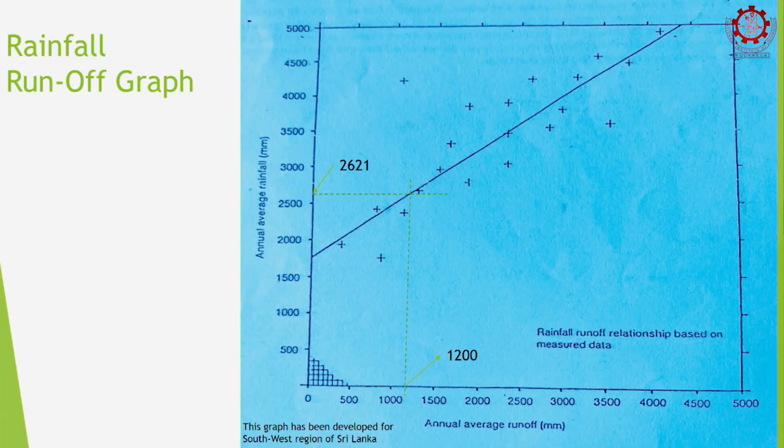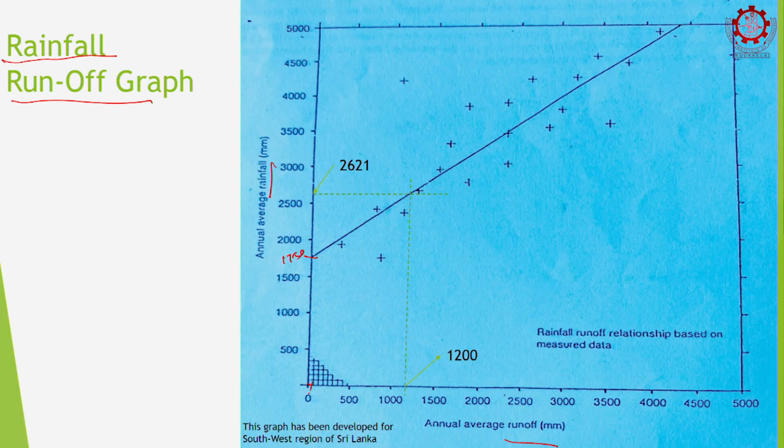Therefore, you know that people have developed a graph like this, rainfall runoff graphs, right. So, you can see the vertical axis is rainfall, horizontal axis runoff. What does it mean? If the rainfall is so much, how much will go in the river? Now, for example, here, if the rainfall is let us say 1750, runoff is 0 almost.